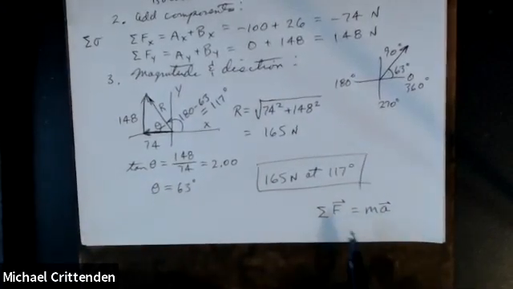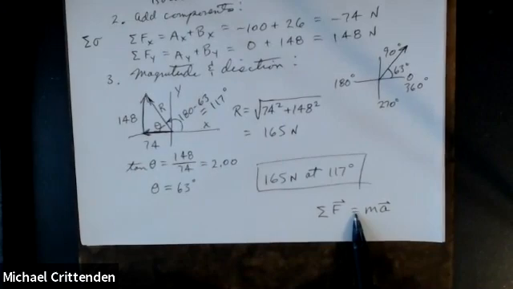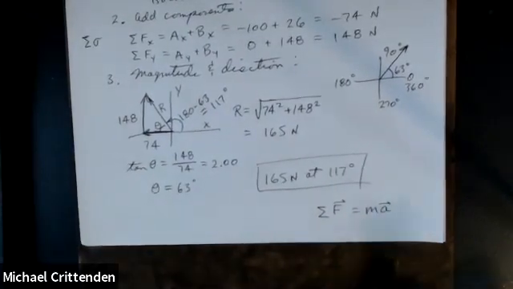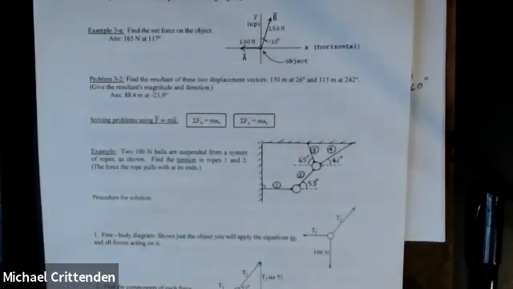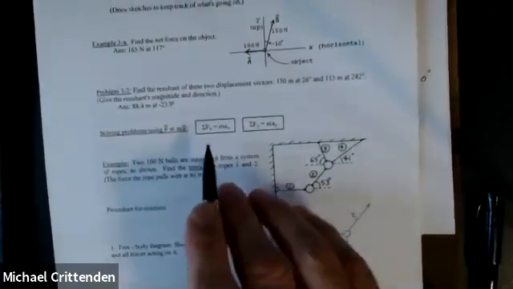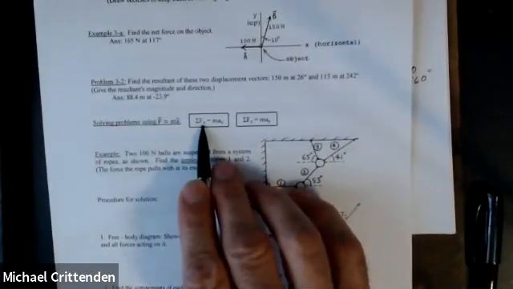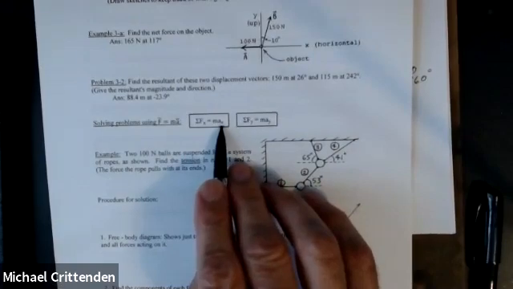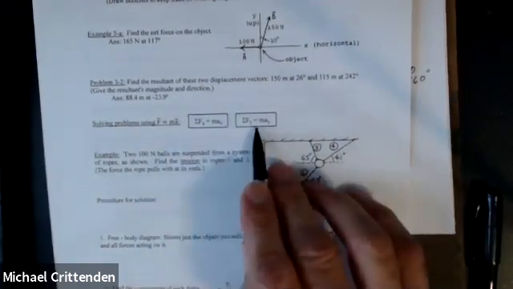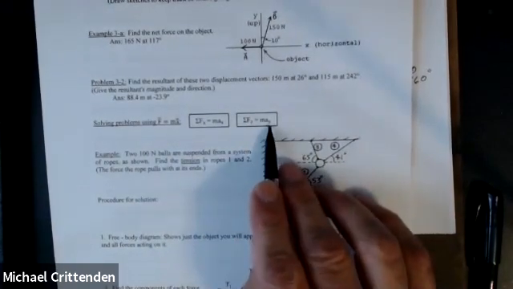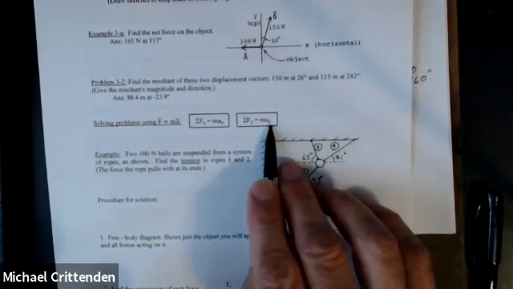Anyhow, equality between this vector and that vector. If two vectors equal each other, that means they have to have the same components. If F is equal to ma, then the x component of the net force equals the x component of ma, and the y component of the net force equals the y component of ma.